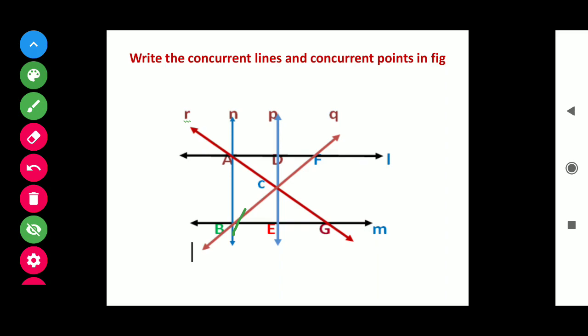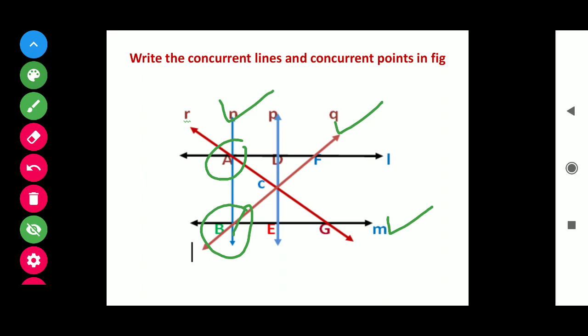So here you can see that A is a concurrent point because lines N, R and L pass through it. Then B is also a concurrent point because lines Q, M and N pass through this point.